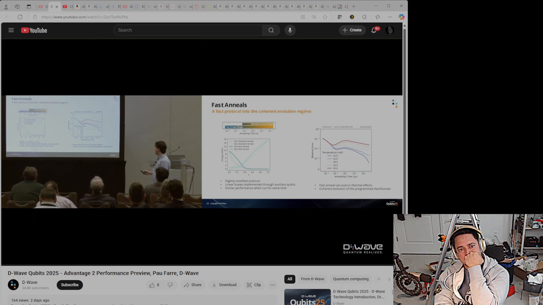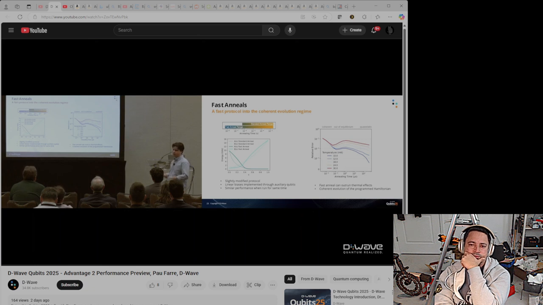When we're in fast anneals, we run so fast that we can outrun thermal effects. And this allows for the undisturbed coherent evolution of the Hamiltonian. If you run for longer, then temperature starts to kick in. This is what we call the out of equilibrium regime. And if you run for even longer, then this is the quasi-static regime, where typically solutions do well thanks to the slower thermal relaxation towards the optimal.